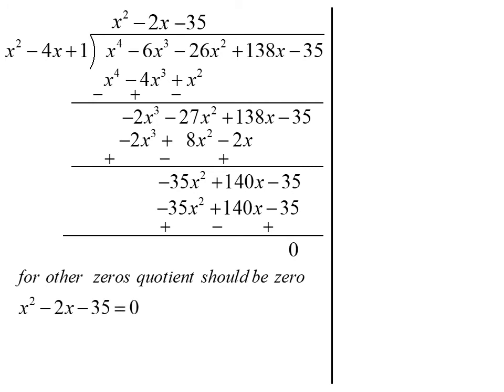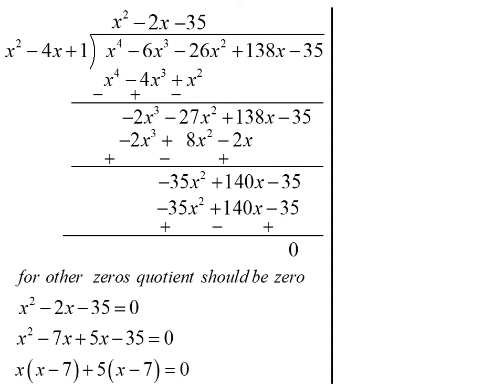The factors of 35 whose difference is 2 are 7 and 5. So I can separate it like x squared minus 7x plus 5x minus 35 equals 0. From the first two terms x can be taken out, and from the last two terms 5. So we get x into x minus 7 plus 5 into x minus 7 equals 0.